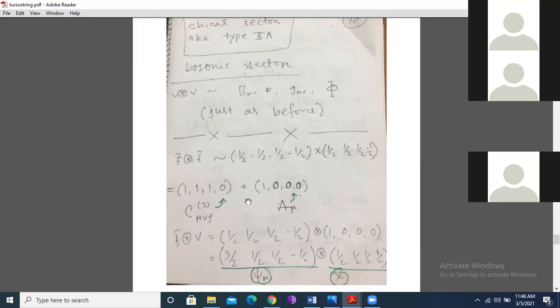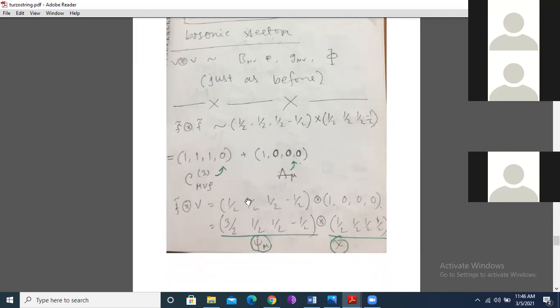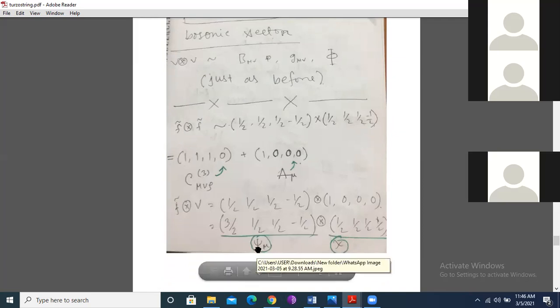And if you do that, then you will have a form field which is a 3-form and a vector field here, mu.